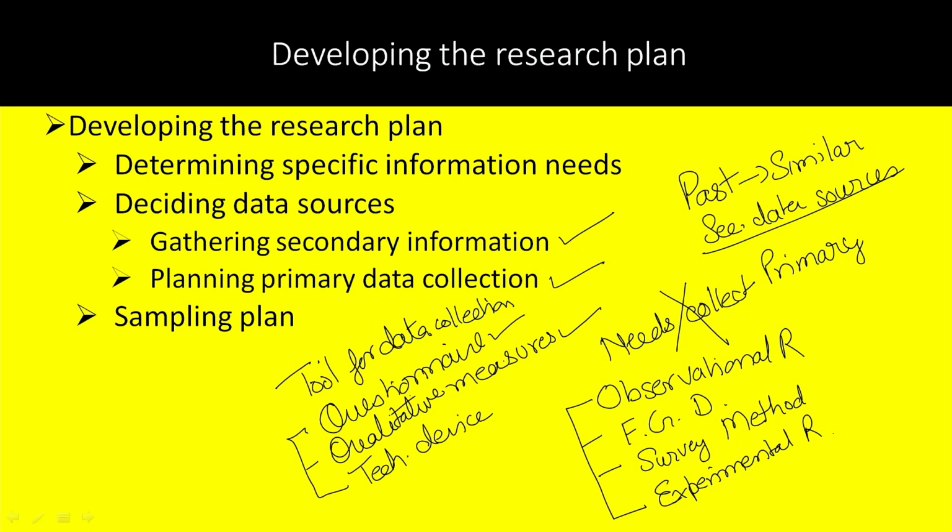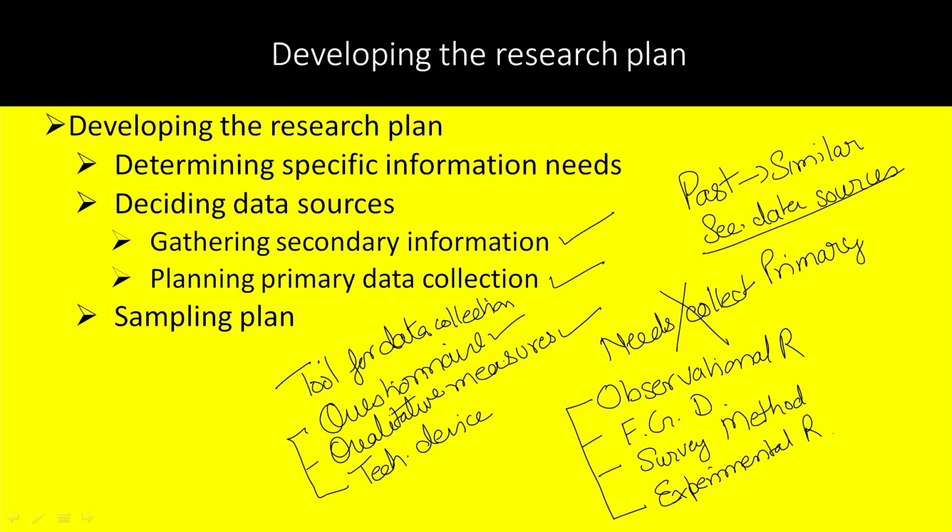In this, the researcher needs to decide who should be the respondent, who are the people from whom the researcher is going to collect the data, that is the sampling unit, and then the total number of responses to be collected, that is the sample size.